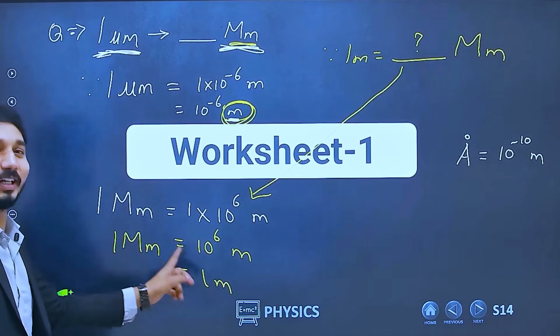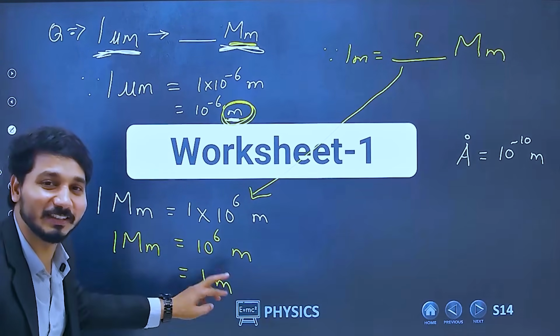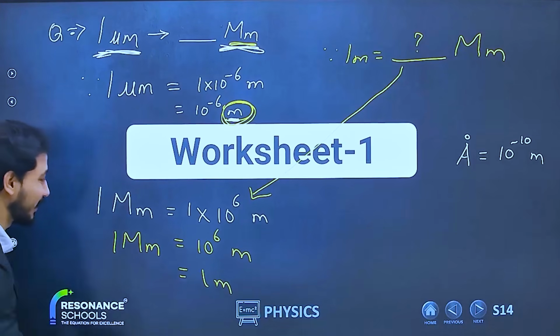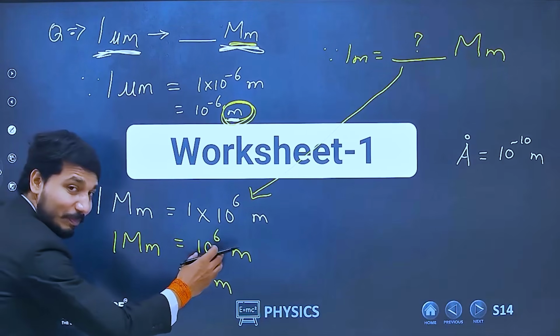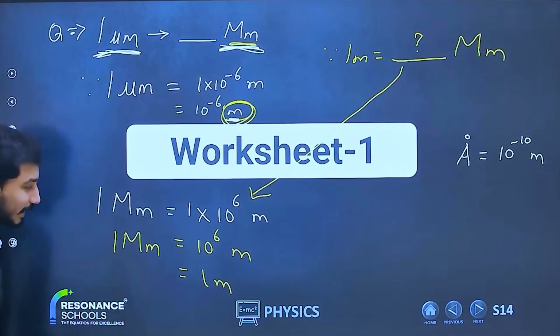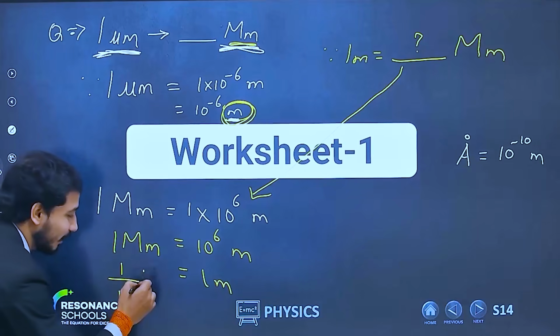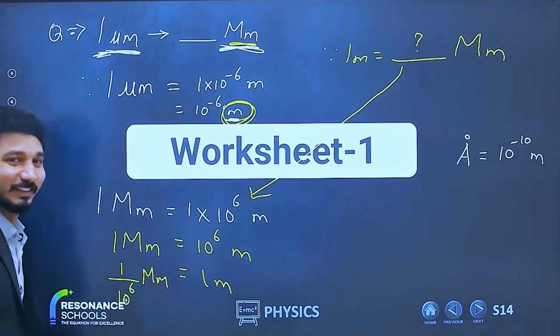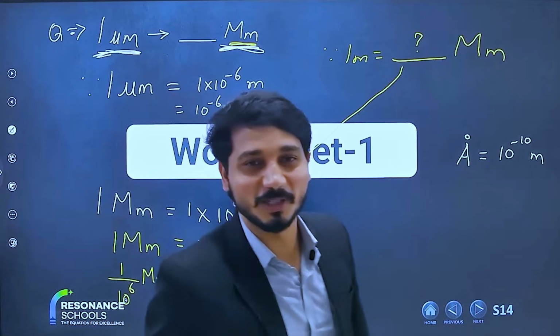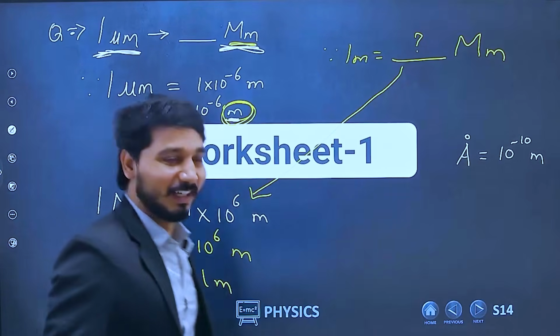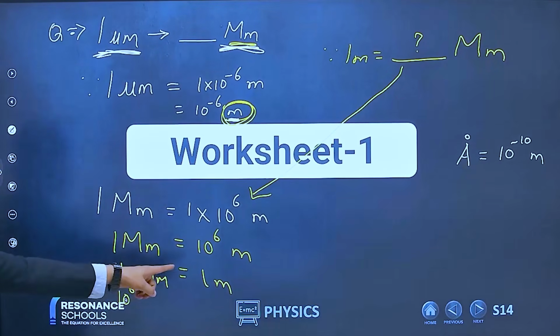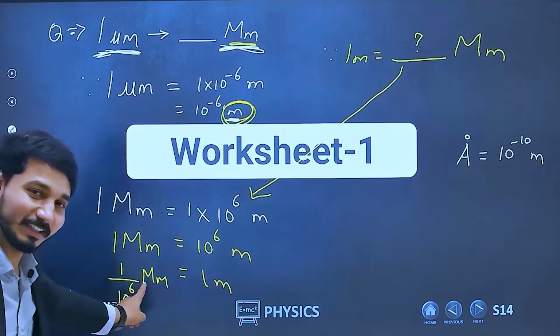This is what we required. So transpose this 10 to the power 6 towards the left hand side. 1 by 10 to the power 6 megameter is equal to 1 meter. You got it, right?